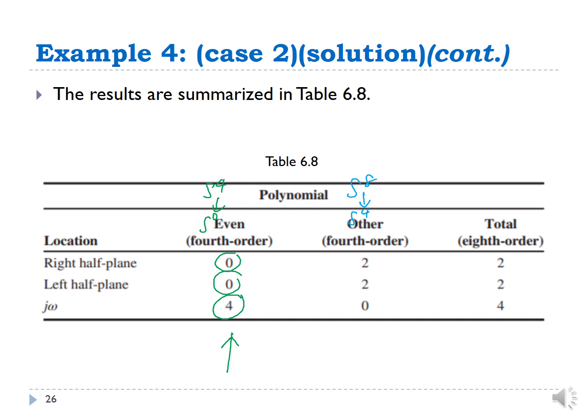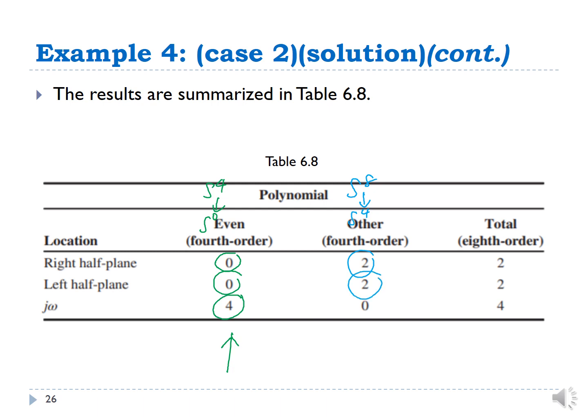Therefore, the other polynomial must have 2 roots in the right half plane. Since there are 2 right half plane poles, there are also 2 left half plane poles because of the requirement for symmetry.